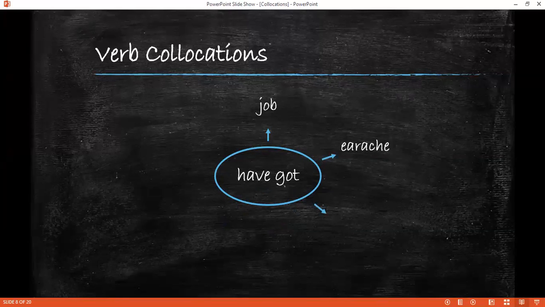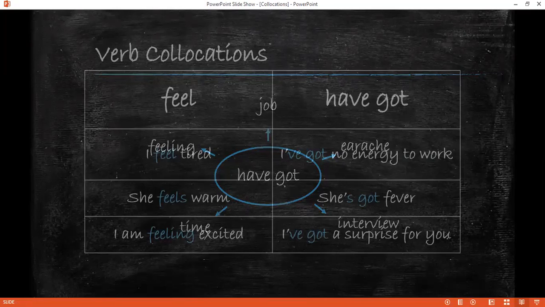I have got an interview. I have time for you. I have got some time to play cricket. I have got feelings for the poor. Okay, this way you can use it.